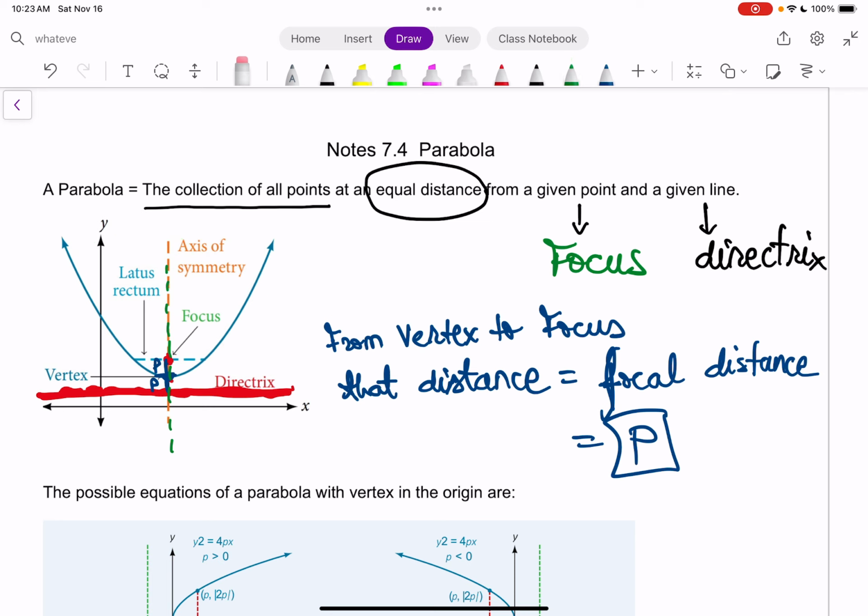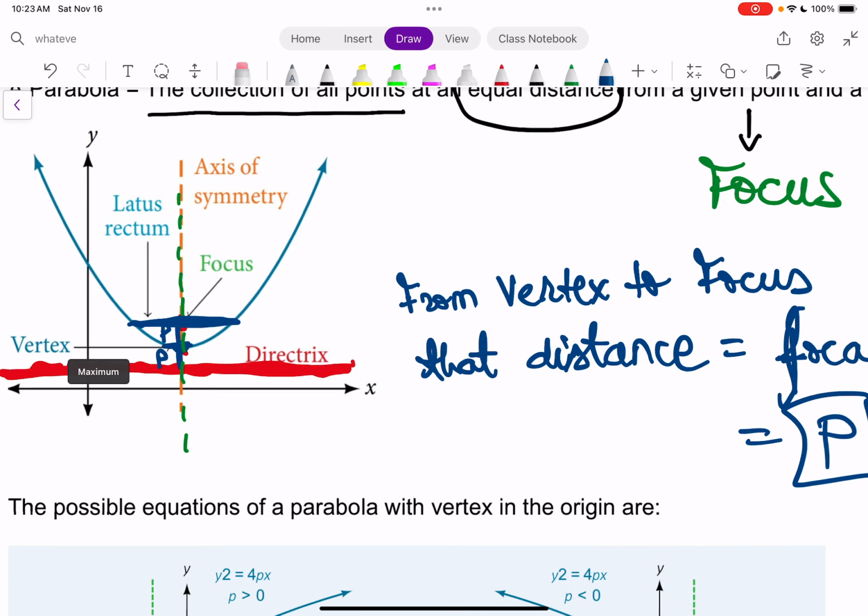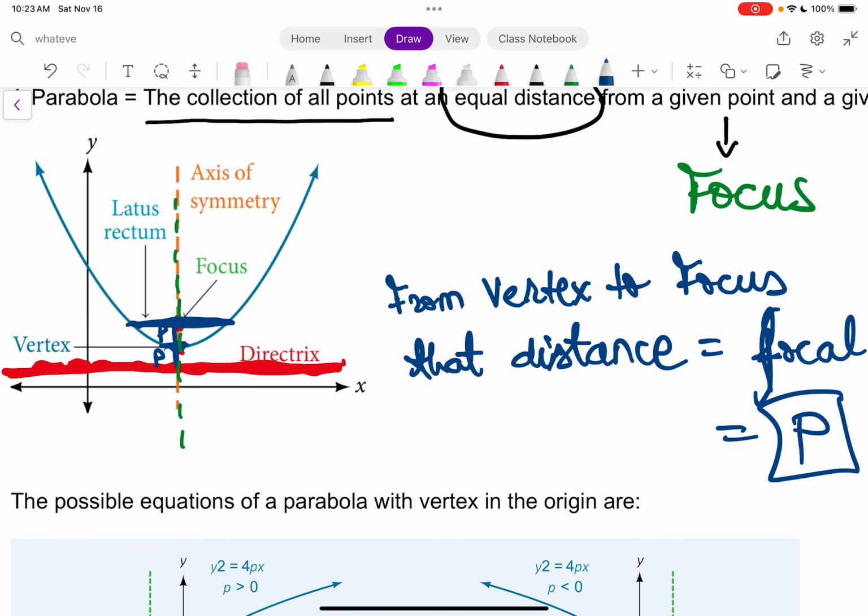Okay. And then you see something else called the latus rectum. The latus rectum is the Latin name for simply a straight line. And the property of this latus rectum, which is going to come up in the next problems, is that it's 2p on one side and 2p on the other. So this distance from here to here is a total of 4p, where p is that focal distance.